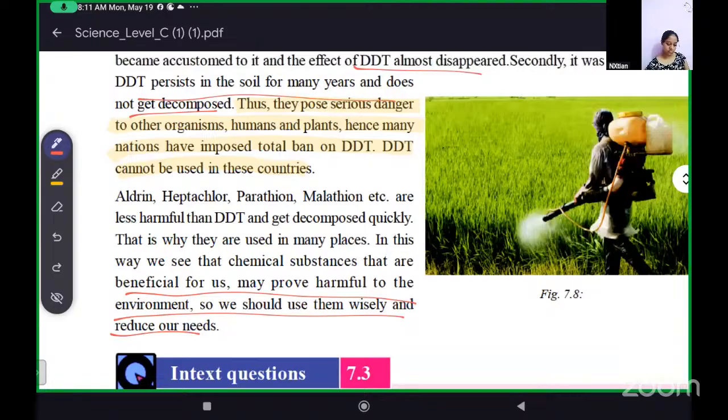But ma'am, if it's affecting the environment, then it's going to affect us. If it's going to affect animals, then slowly it will catch up to us and we'll also get terribly affected. Such as inorganic ones like aldrin. If somebody wants to use aldrin, you don't know what chemicals aldrin has and what it could do to your body.